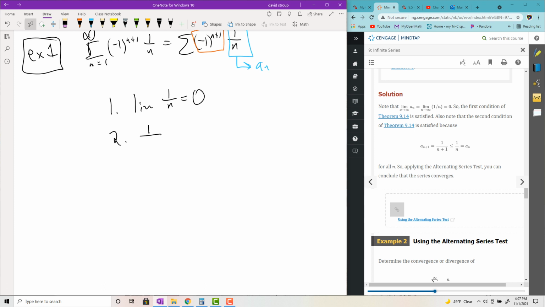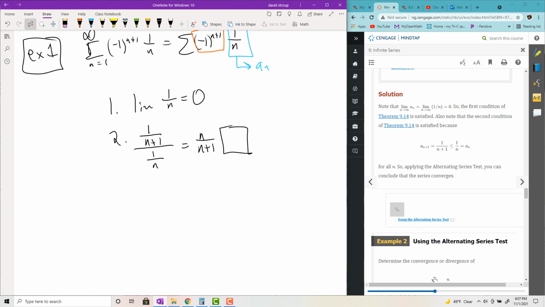Sometimes if you need to, you can do the calculus: look at f of x equals 1 over x, take its derivative, and show it's decreasing on that interval. But anyways, a sub n plus 1 is 1 over n plus 1. A sub n is 1 over n. Taking reciprocals and multiplying, this is n over n plus 1.